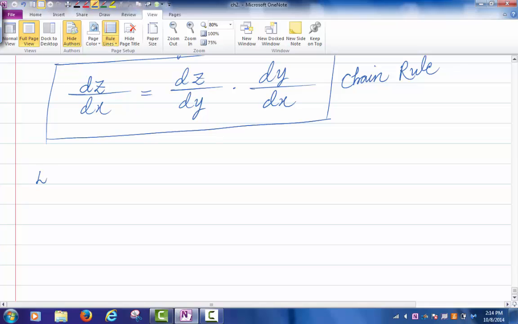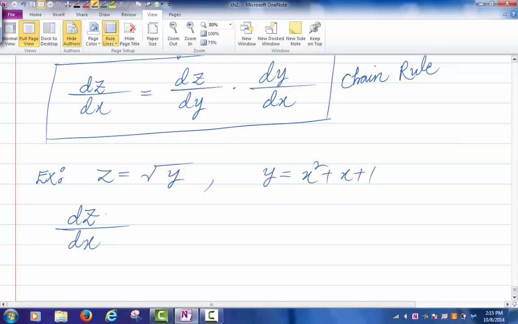So here's an example. Let's say z is root of y, and that y is x squared plus x plus 1. So then the question is, we want to find the derivative of z, not with respect to y, but with respect to x.